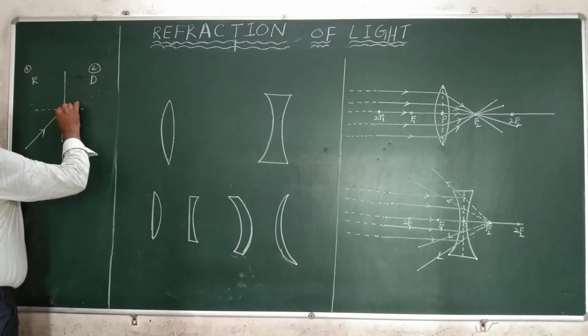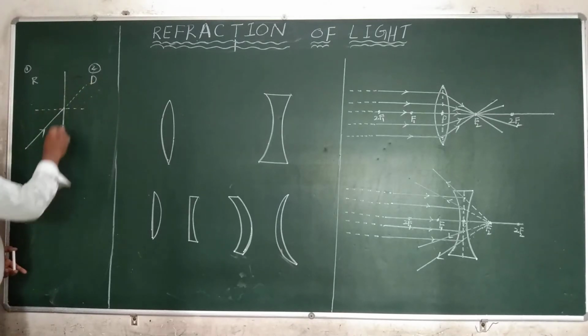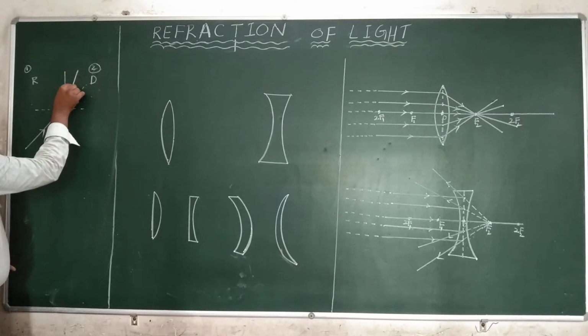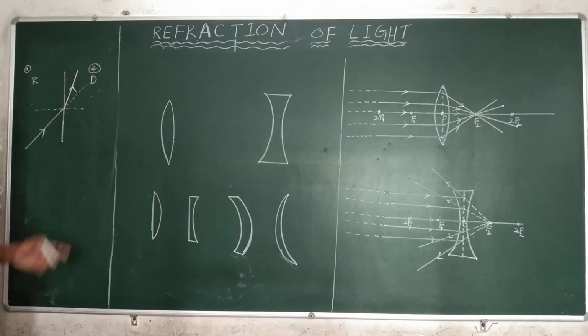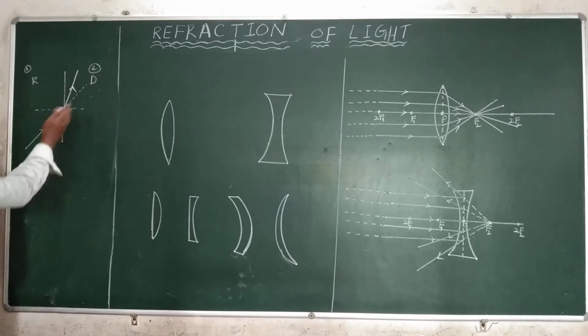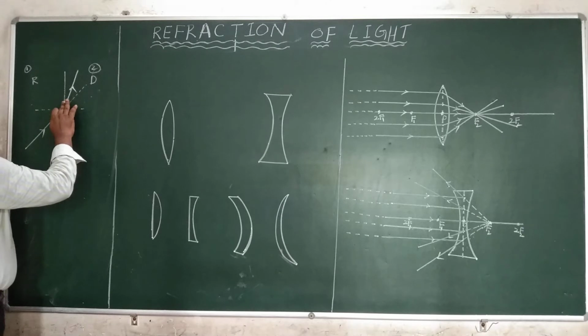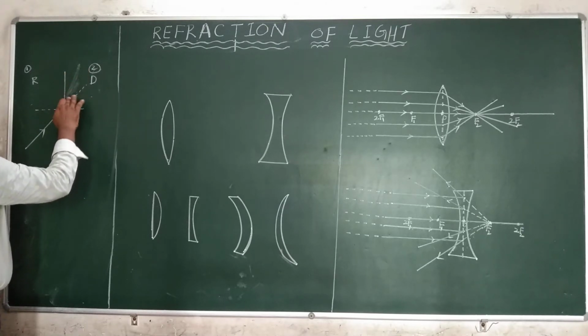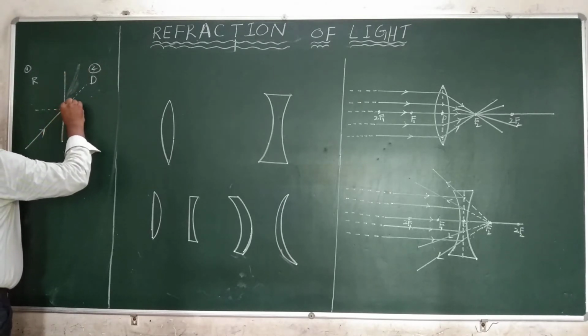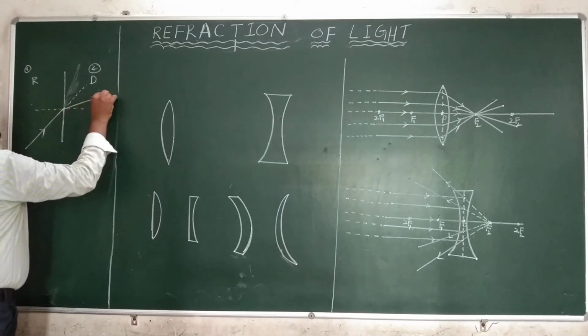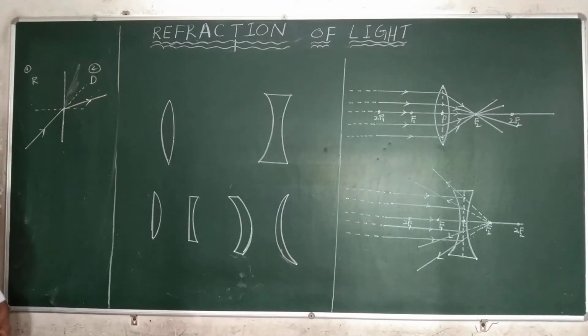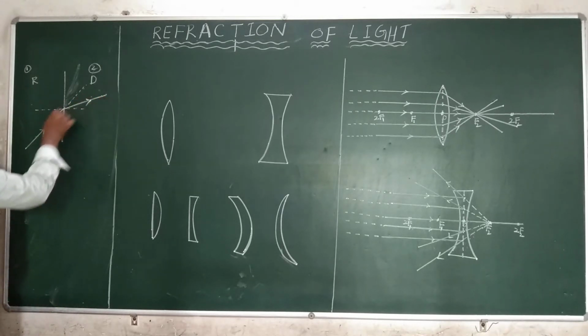The actual path of the light is like this, but it bends towards the normal because of the decrease in speed. So this is the refracted ray and this is the incident ray.